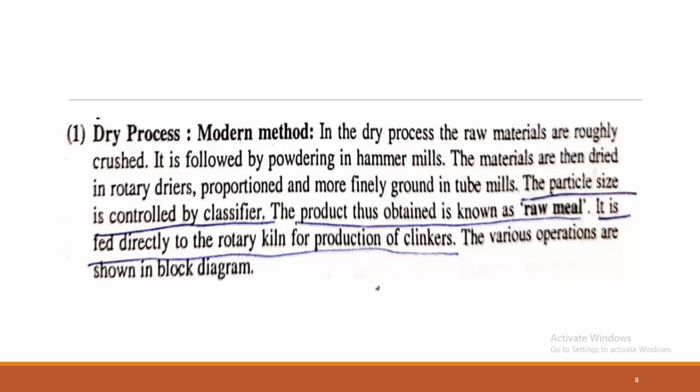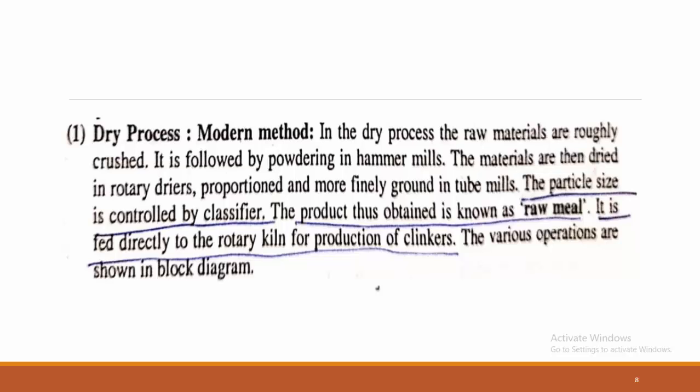The materials are then dried in rotary dryers, proportioned and more finely ground in tube mills. The particle size is controlled by the classifier. The product obtained is known as the raw meal. Now see, this is very important. In the dry process, all the raw materials are taken, ground properly with a hammer mill and dried, where the size of the particles is maintained by the classifier.